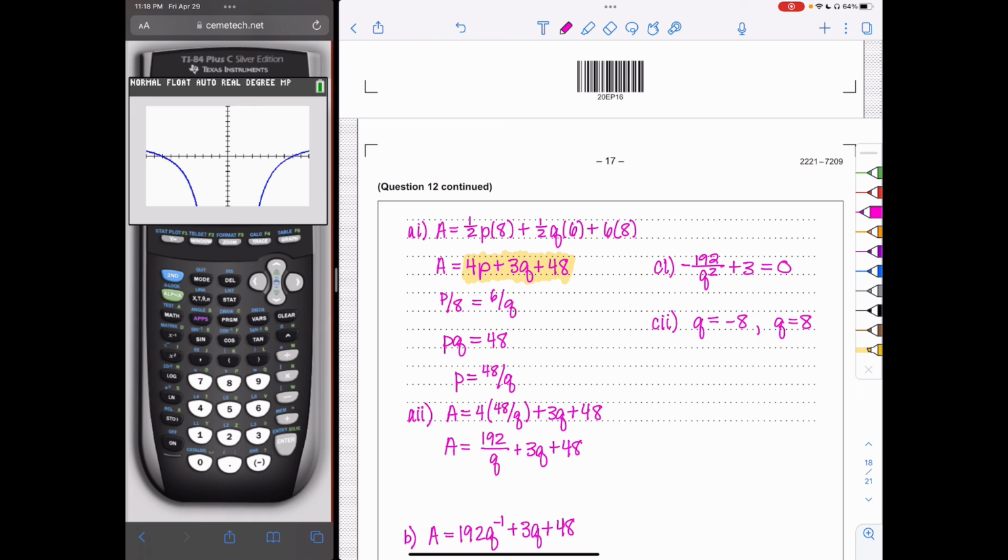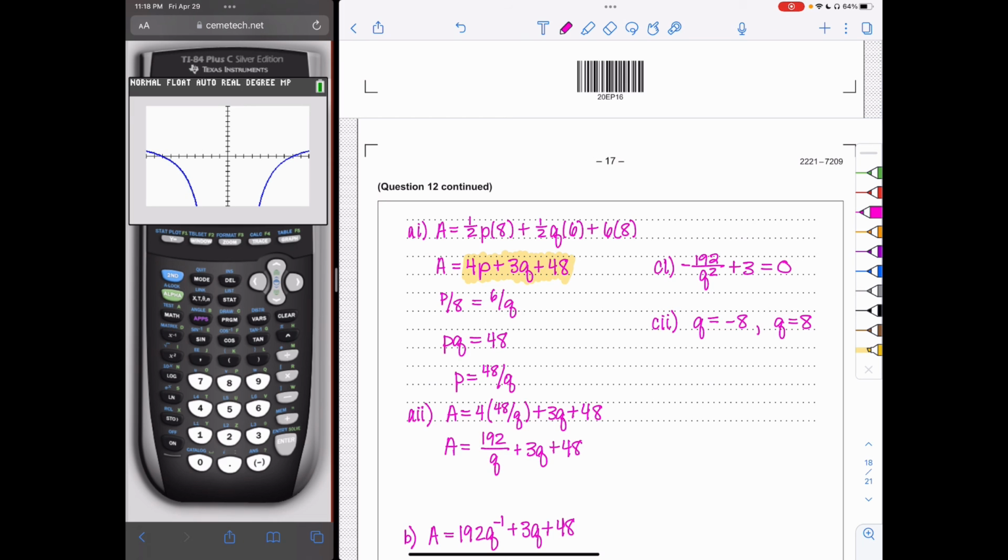Anytime we have a minimum, that means we should be going from decreasing to increasing. In other words, for the graph of my derivative, I need to be going from negative to positive, which is on the right hand side.